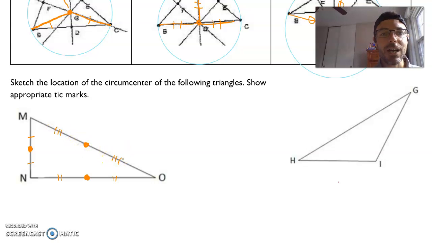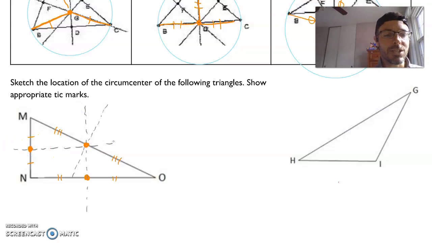So that I've now shown appropriate tick marks for the midpoints. Now I want to show the appropriate perpendicular aspect of this. So I want to sketch in, and I usually use dash lines to show it, all of the perpendicular bisectors.